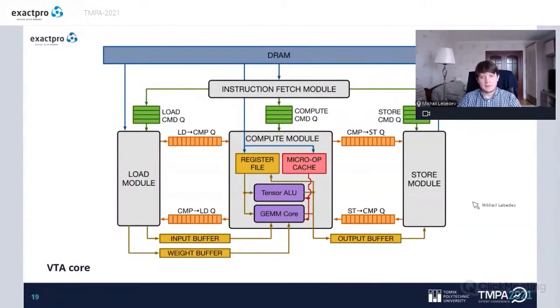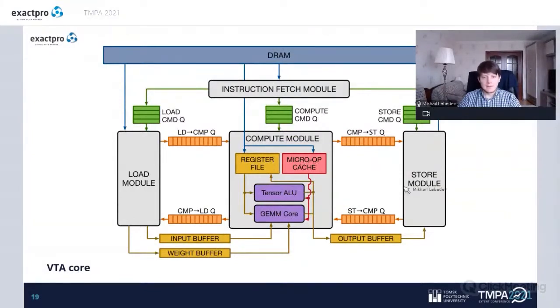So here you can see the VTA accelerator structure. It consists of the instruction fetch module, which fetches instructions from the memory, the load module, which loads the input data and the weights, and transfers them to the compute module, which performs tensor operations and matrix multiplications.